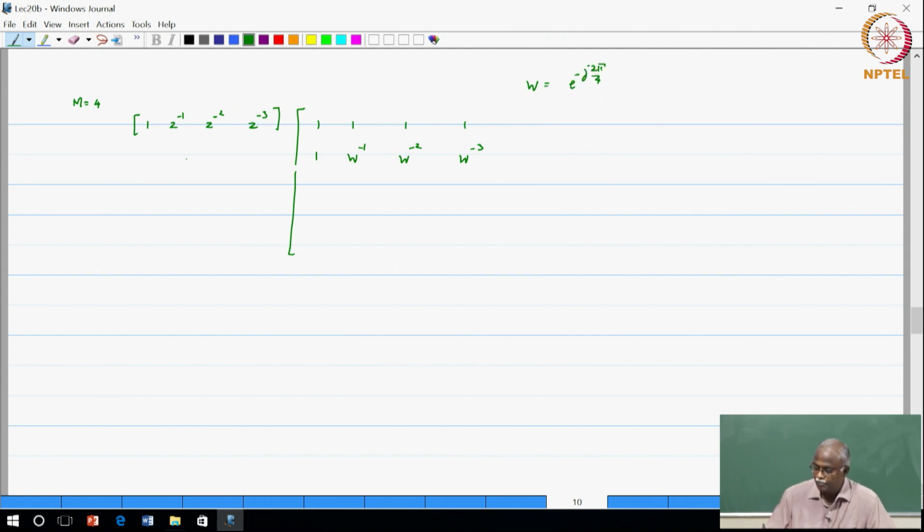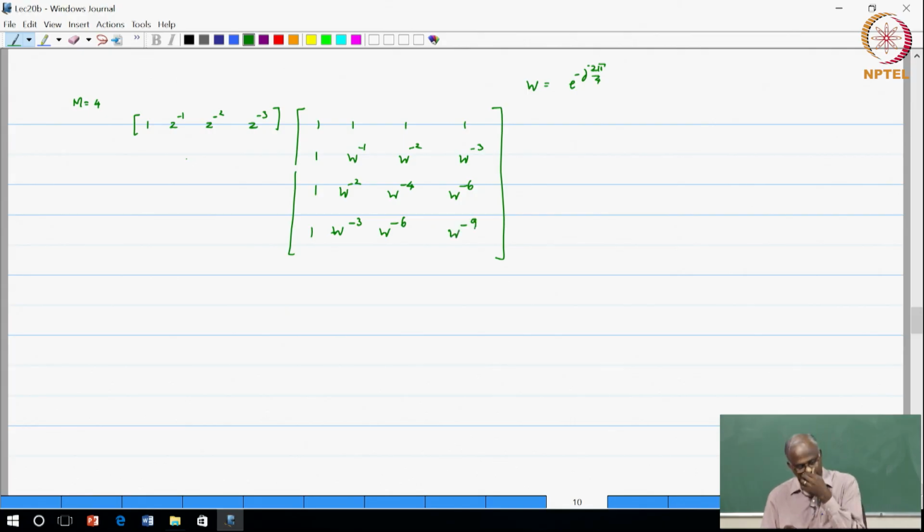Again, it does not really matter, but just for completeness: 1 W minus 2 W minus 4 W minus 6, 1 W minus 3 W minus 6 W minus 9. That is the W dagger matrix. So, from the previous comparison, F naught of Z is 1 plus Z inverse plus Z minus 2 plus Z minus 3.